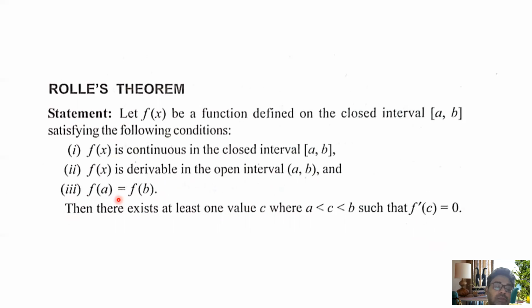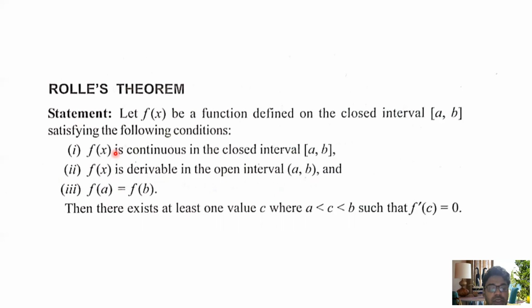So there are 3 conditions you have. Number 1, your function is continuous in the closed interval, and f(x) is derivable or differentiable in the open interval, and third, most important, that is f(a) is equal to f(b).